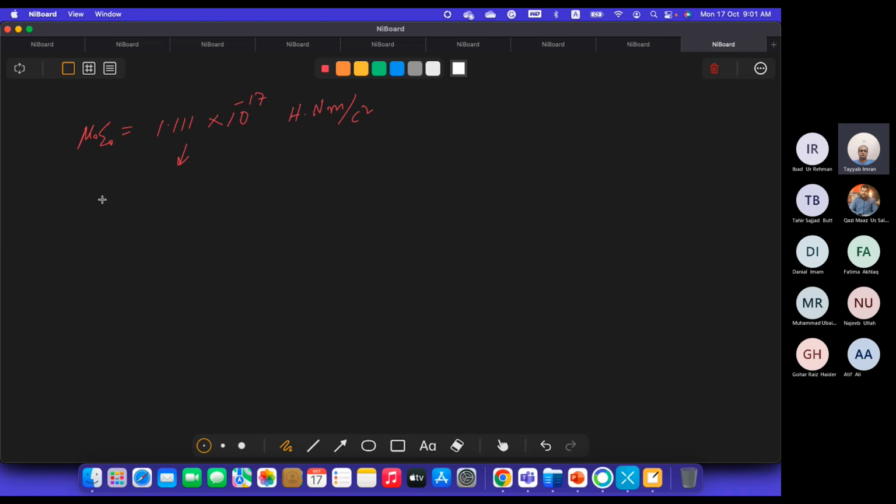We can write in this form: this is equal to 1 over 9 times 10 to the power 16. If you write 1.11 times 10 to the power minus 17 in the form of 1 over, that would be like this.